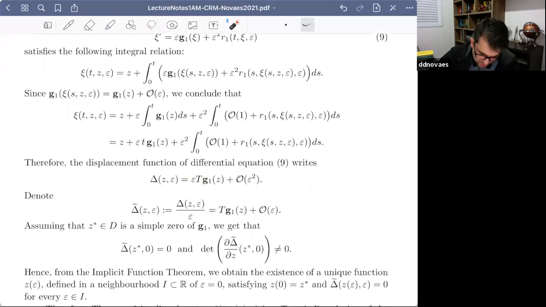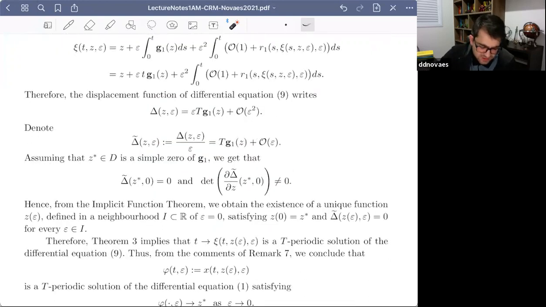Thus, defining another function, delta tilde, by dividing the displacement function by epsilon, we get t multiplied by g1 of z plus order of epsilon.